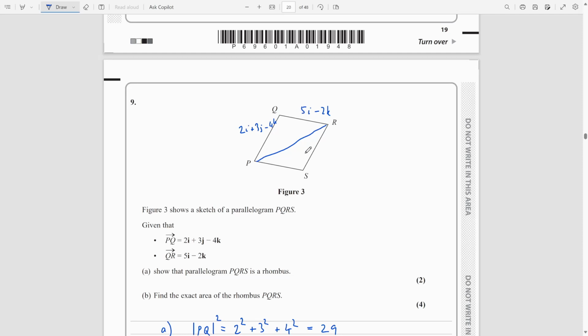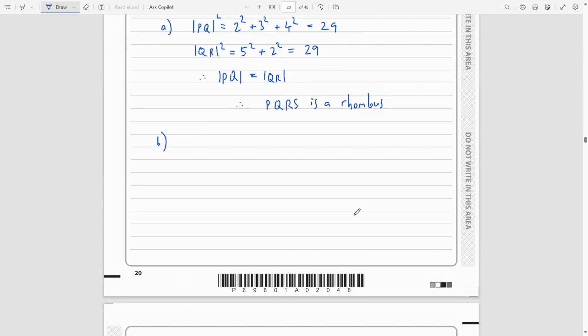We actually use a nice property of a rhombus, which is if we find this length and we find this length, well, we can actually just multiply those two lengths together. Now, the reason for that is if you take a rhombus, let me just show you this all down here.